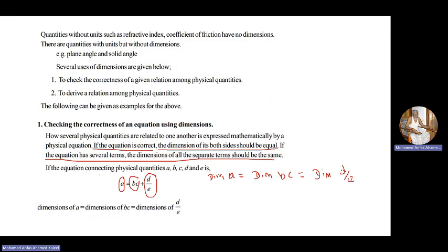If the equation connecting physical quantities is A equal to BC, then the dimension of A is equal to the dimension of BC, equal to the dimension of D over E. We use this concept to check the correctness of an equation.